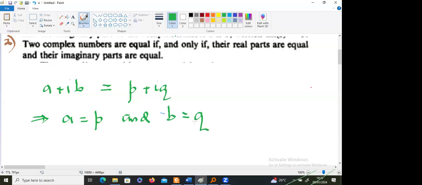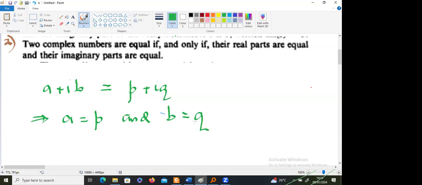So whenever two complex numbers are equal, you know that their real parts are equal and their imaginary parts are equal. This helps us many times when solving equations, where we equate the complex numbers, and we equate their real parts and their imaginary parts. That is the second note that I want you to take note of.